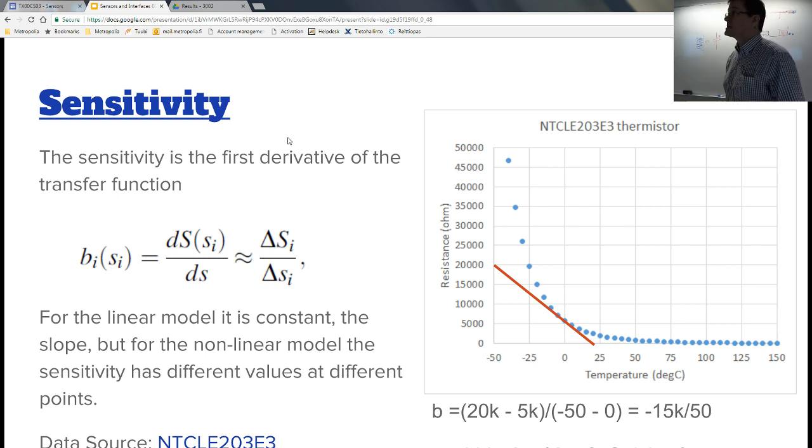Okay, doesn't say much to me. 20 kilo ohms, and then that E3 gives the sensitivity, I think. But anyways, as you can see, it's an exponential curve, which means that sensitivity also depends on which part of the curve you are in. If you are on a linear path, then the sensitivity is more or less constant on that linear path.